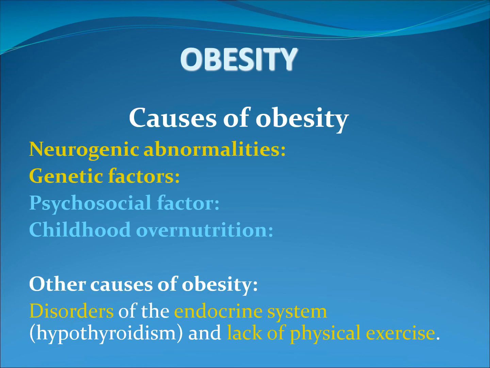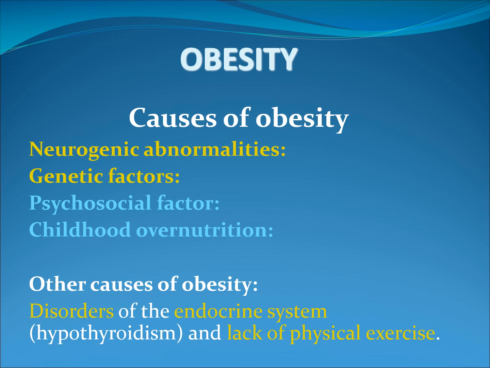Some others need weaker stimuli, and by these weaker stimuli they get inhibition of feeding behavior. So we are not having the same level of activity for the whole population. Some persons need stronger stimuli to inhibit the feeding behavior, so these persons are subject to develop obesity.